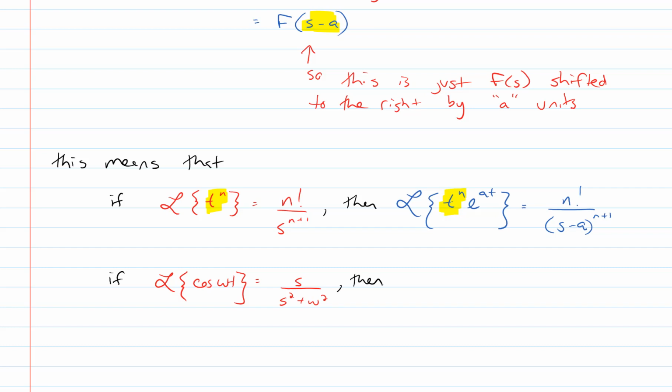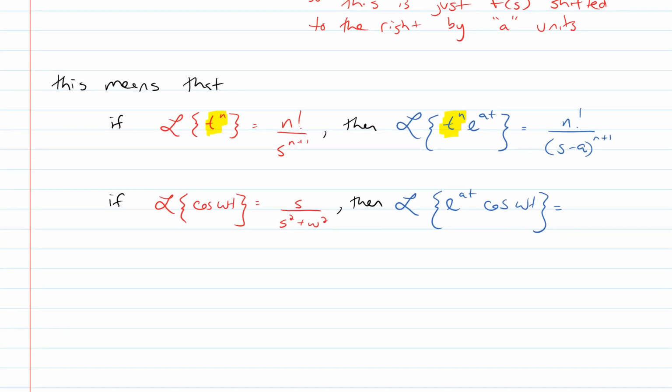Then the Laplace transform of e to the at cos omega t is going to be equal to, normally we just have s over s squared plus omega squared, but we're going to take every single instance of s and replace it by s minus a.